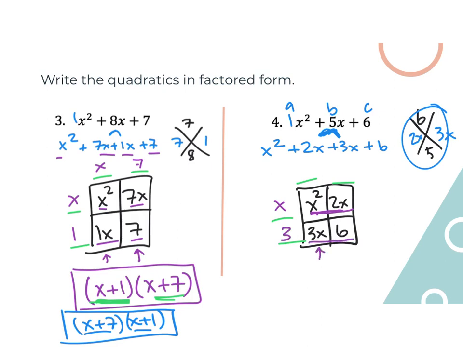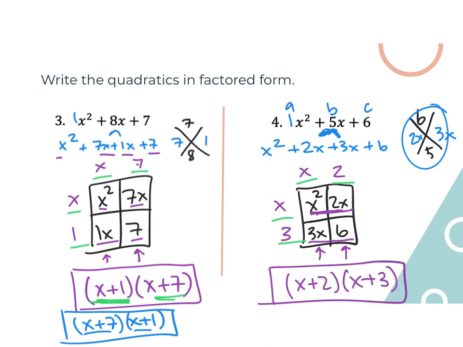My GCF of x squared and 3x is going to be another x, and my GCF of 2x and 6 is going to be a 2. So if I write this out, I've got x plus 2 and x plus 3. And again, it doesn't matter what order those factors are in. As long as you keep that together and that together, they can go in any order.